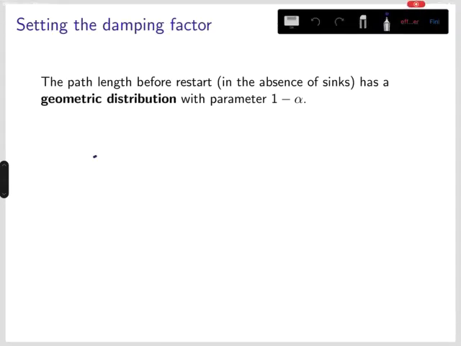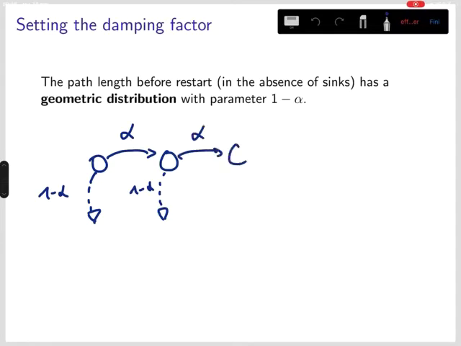Because starting from a node, you will move to another node following the random walk with probability alpha, and restart with probability 1 minus alpha. And the same for the next one. You will move to another node with probability alpha, and so on. And so the number of nodes you visit before restart has a geometric distribution with parameter 1 minus alpha.